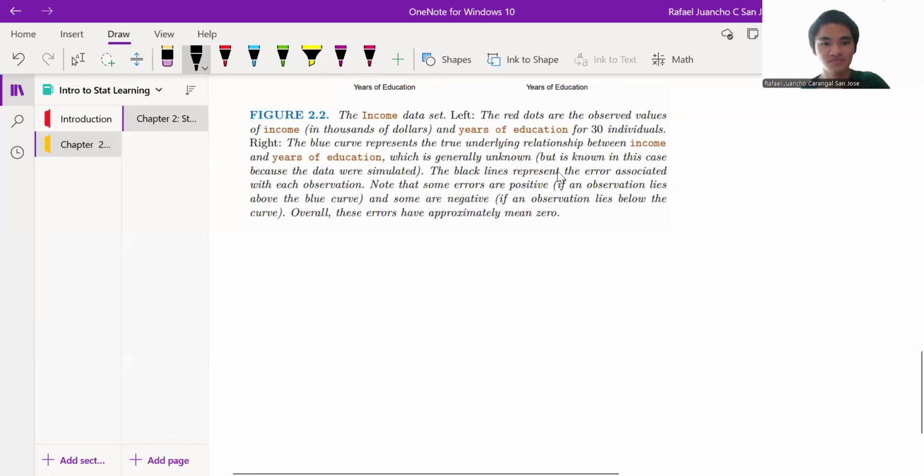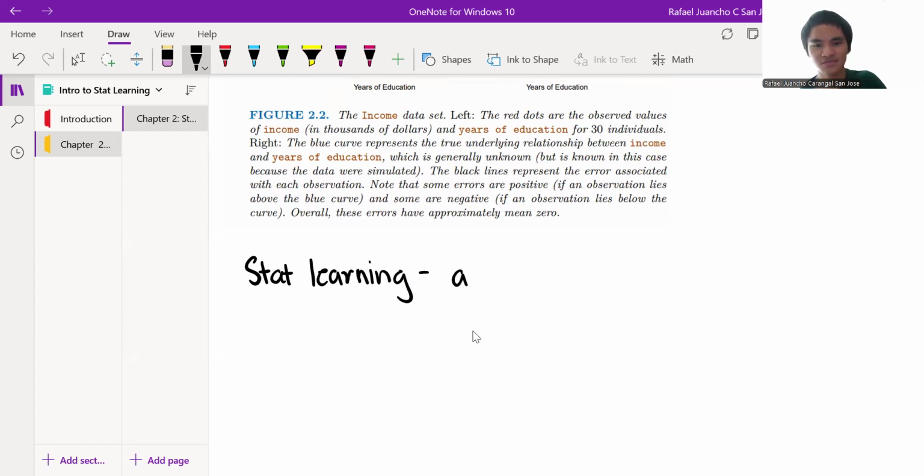So basically, statistical learning, if we look at the definition, is a set of approaches, and these approaches help us estimate the function.